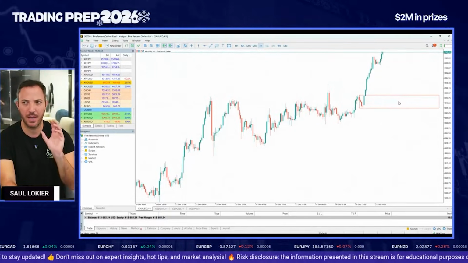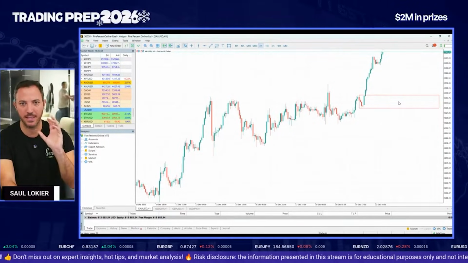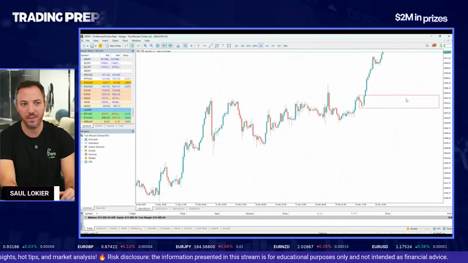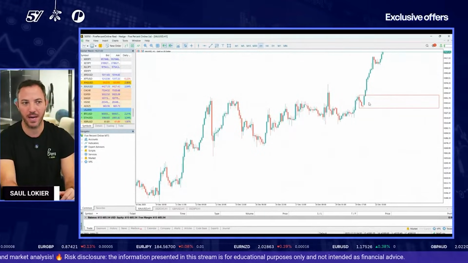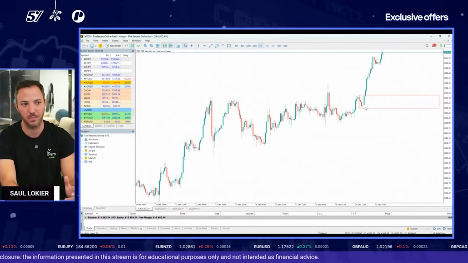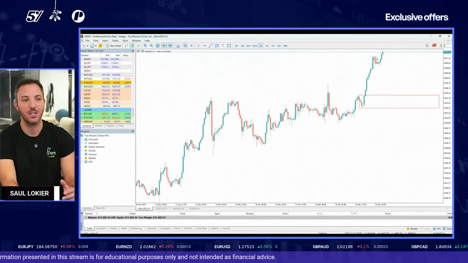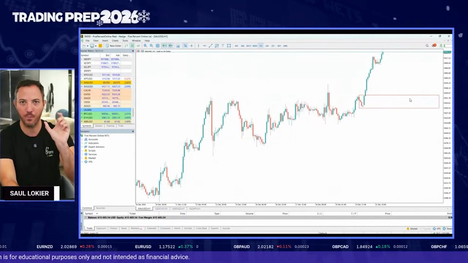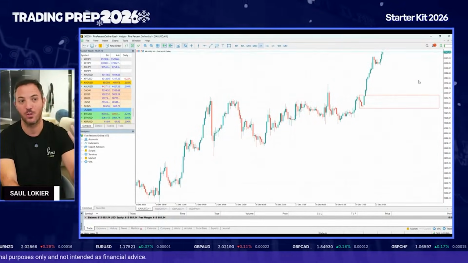So now I already established my bias is bullish. If I revisit this key area, this key demand or key support, we can see from this point we have the impulse being generated. So when we revisit that area, I want to look for price action or a certain setup to try to go long.